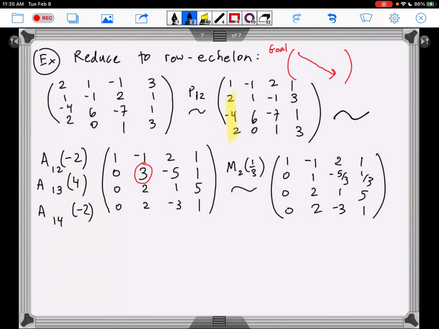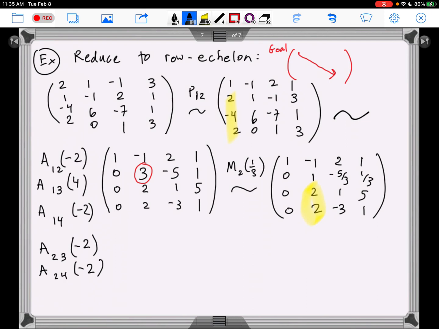Now that we have a 1, we need to get rid of these guys, right? We want to turn those guys into a 0 using the 1 above it. So I'm going to add negative 2 times row 2 to row 3, and I'm also going to add negative 2 times row 2 to row 4.